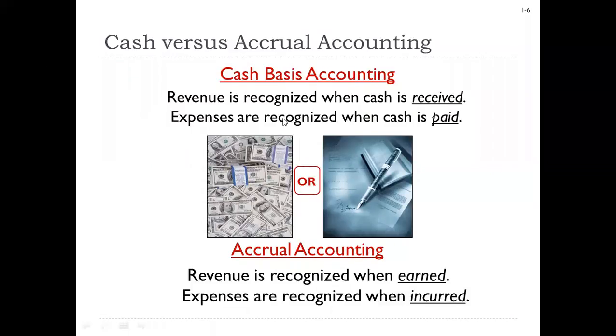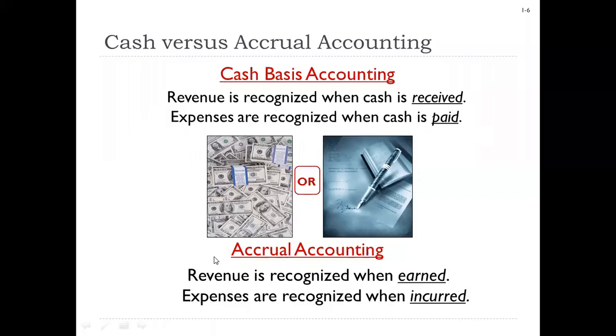Expenses are recognized and recorded when cash is paid out. So cash basis accounting is easy. You just keep track of the cash coming in and the cash going out. You don't have to worry about the timing. So as soon as cash comes in, you immediately recognize revenue. As soon as cash is paid, you recognize expenses.